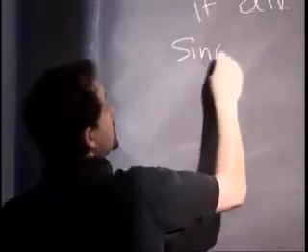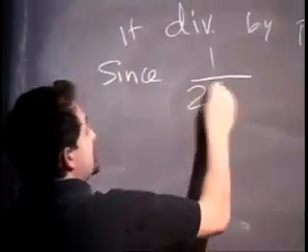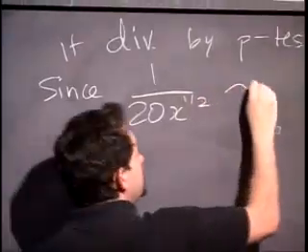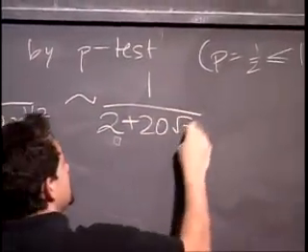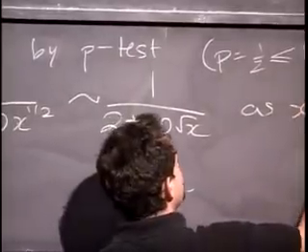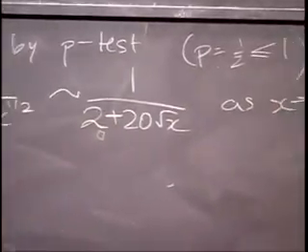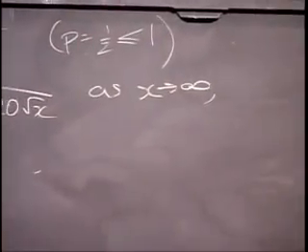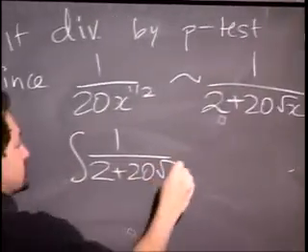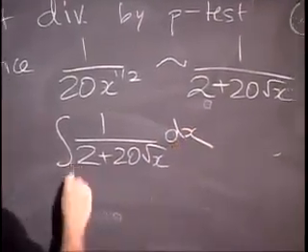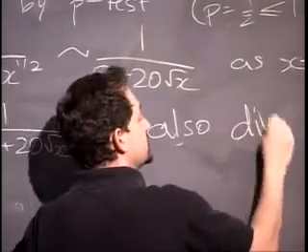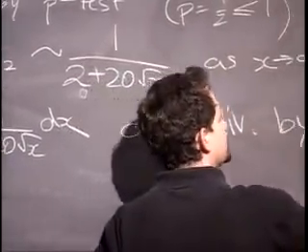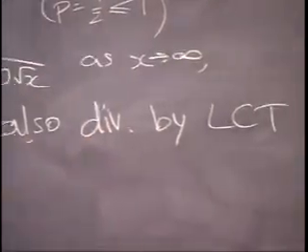Since 1 over 20x to the half tilde 1 over 2 plus 20 root x as x goes to infinity, the integral from 1 to infinity also diverges by the limit comparison test. And that's the working.